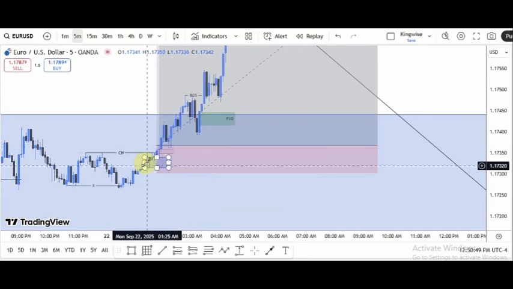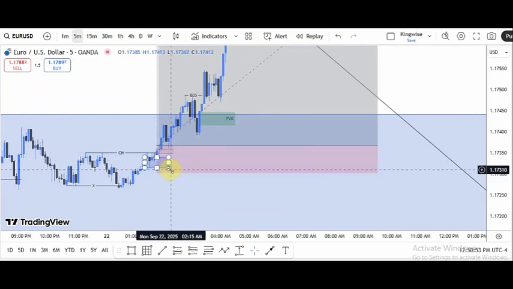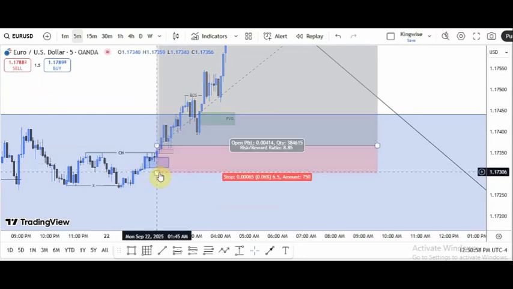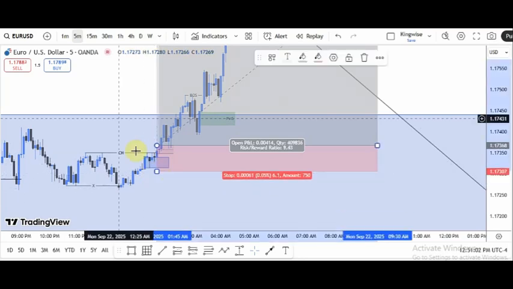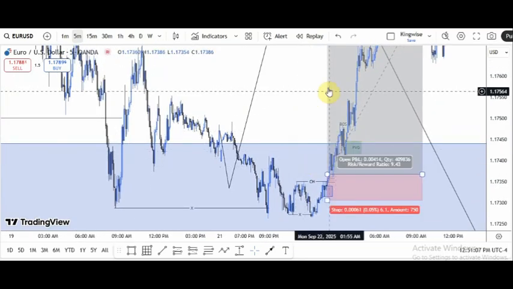I saw this and I took my entry. Now I put my stop loss below this low in case price wants to come back down to mitigate this zone. That was why my stop loss was here. That's why I did not put my stop loss here. I had to put it below here because I was certain price was going to move in that direction.